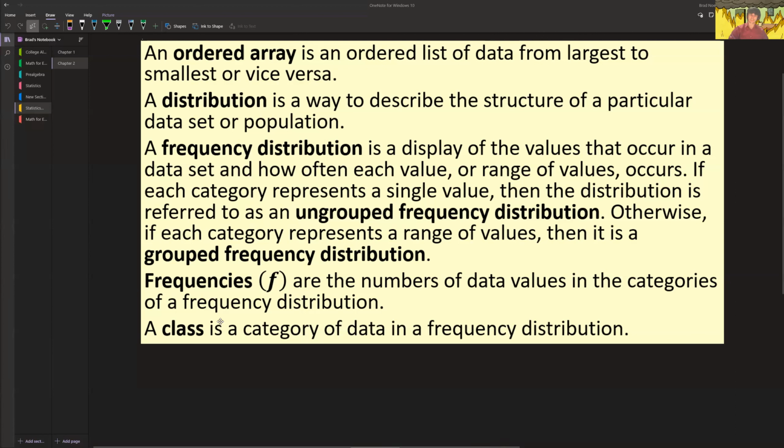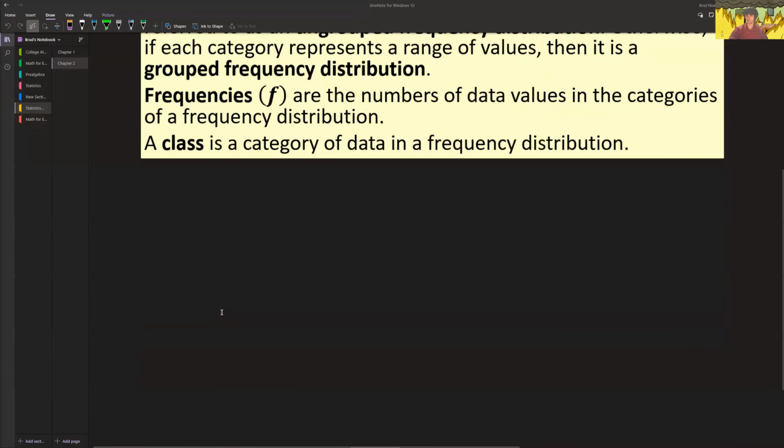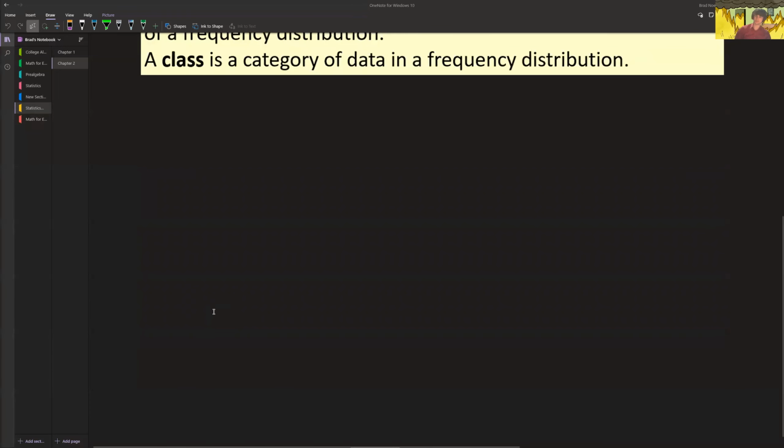Okay, so let's go ahead and discuss how we can go about constructing a frequency distribution. Now, there are a few things that we need to be concerned with here. Our first thing is to decide how many classes will be present in the distribution.